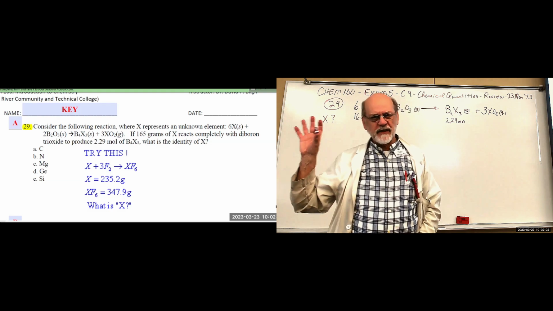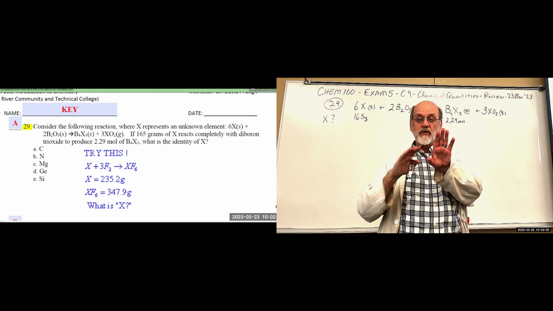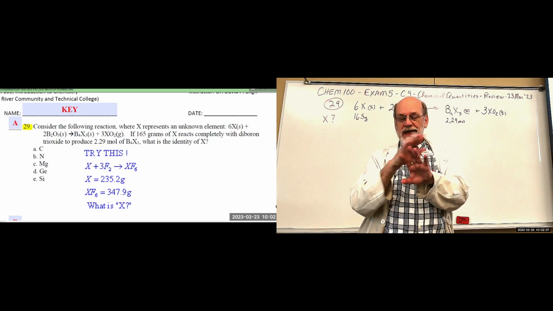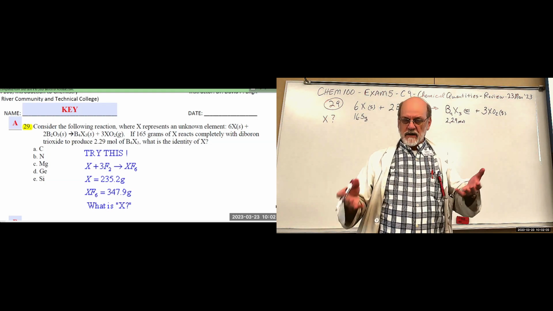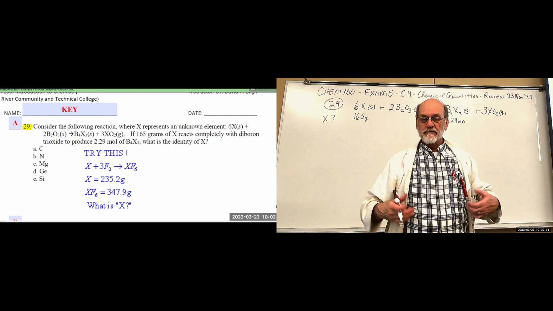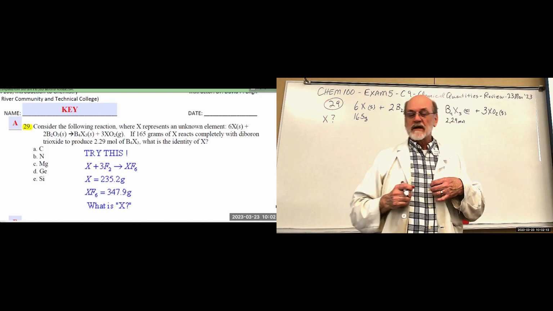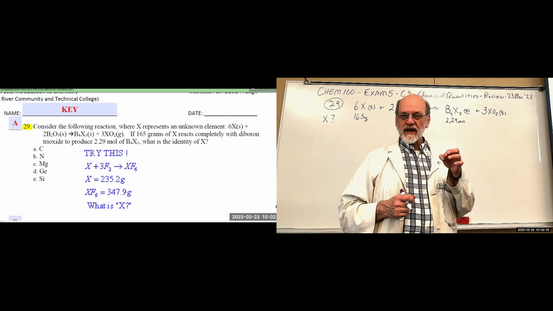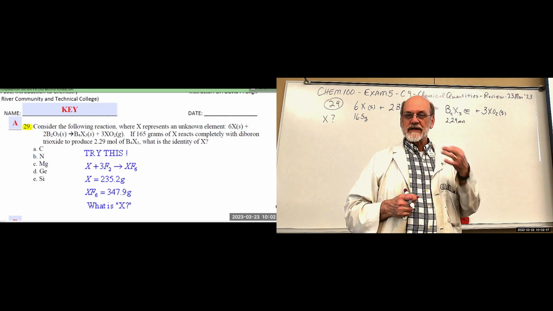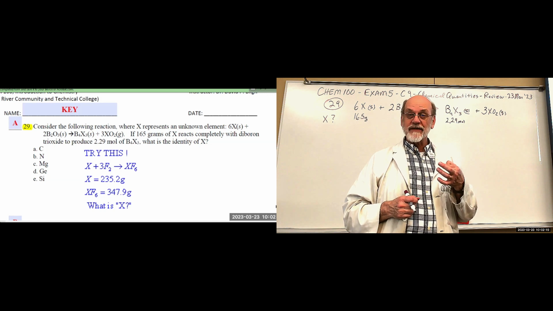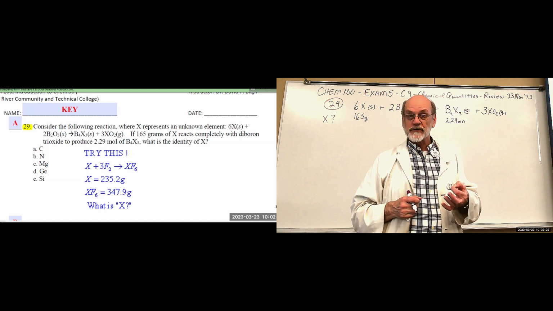There are places in the periodic table where they're very close together, so experimental error could cause them to overlap, and then you'd need a tiebreaker. But most of the time, the molar masses of the elements are sufficiently different from one another that you can identify them based upon that value also.